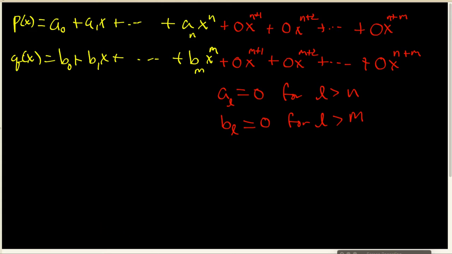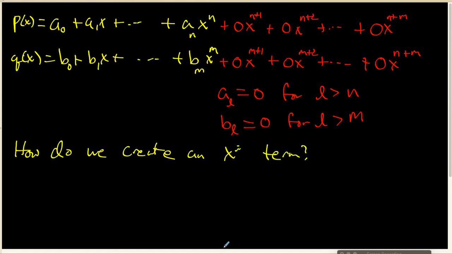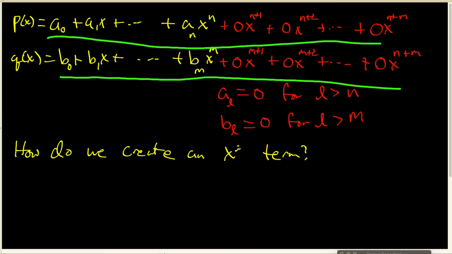Now what I want to do is think about how we create an x to the i term. Well, when I'm looking at all of the partial products, essentially every single partial product in the product polynomial is one of these terms times one of these terms.